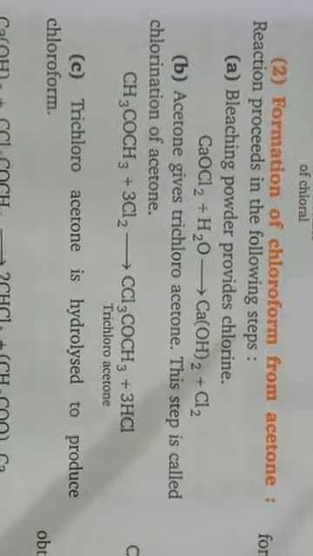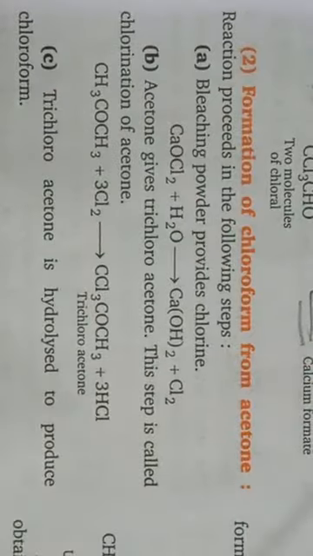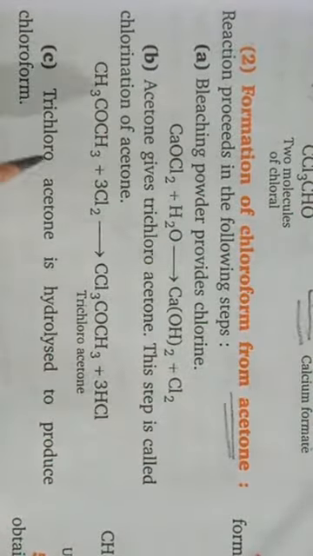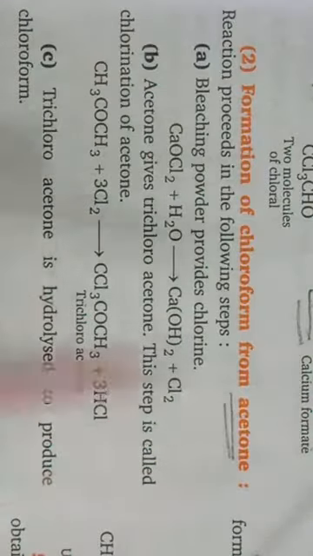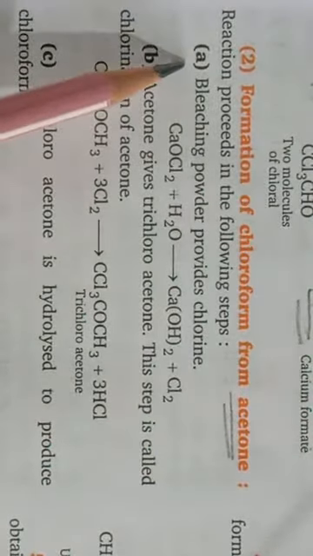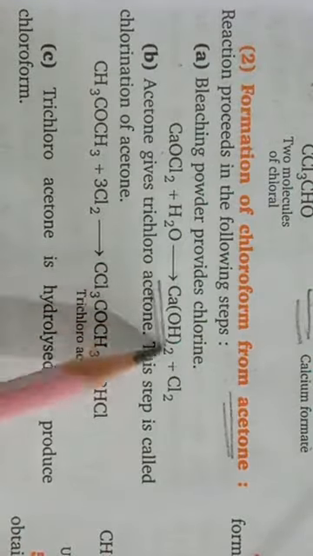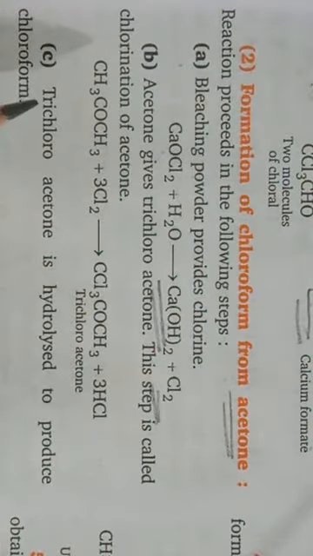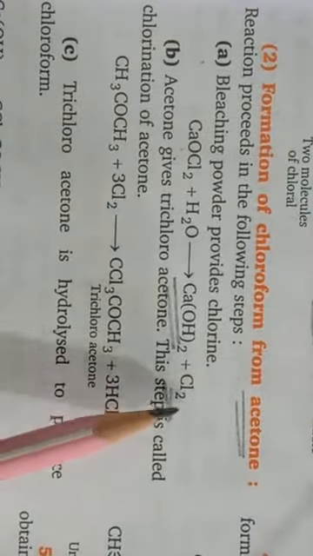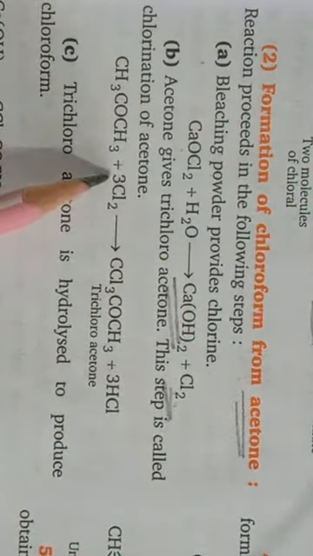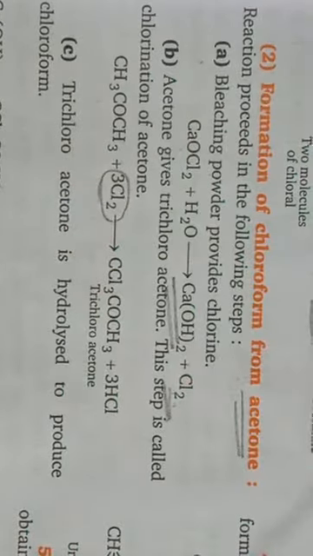The next formation reaction is the formation of chloroform from acetone. Okay children, acetone. Here in step A, bleaching powder is converted into calcium hydroxide and chlorine. Then this chlorine acts as a chlorinating agent.